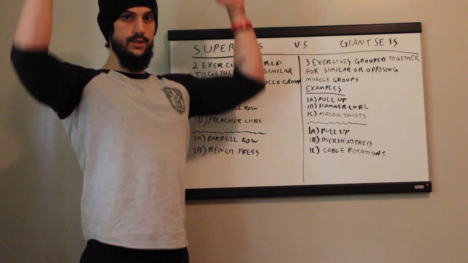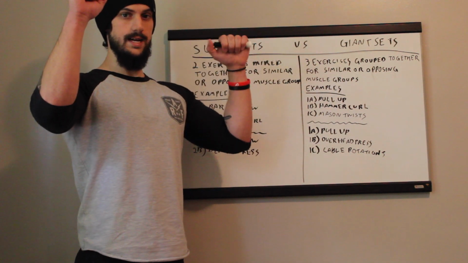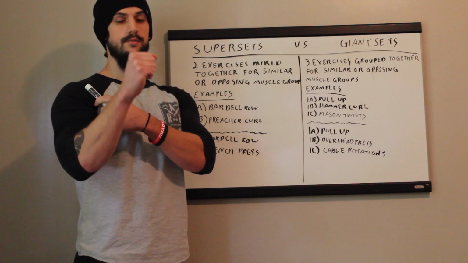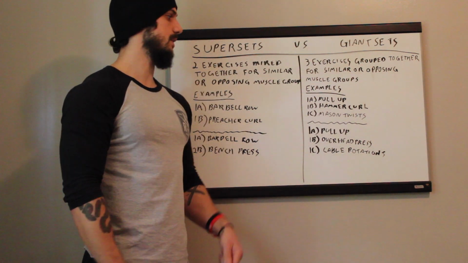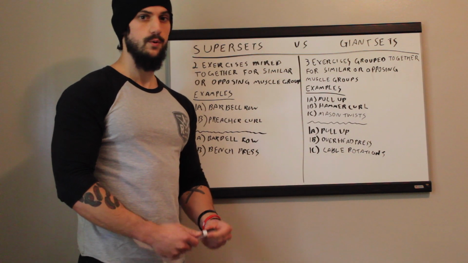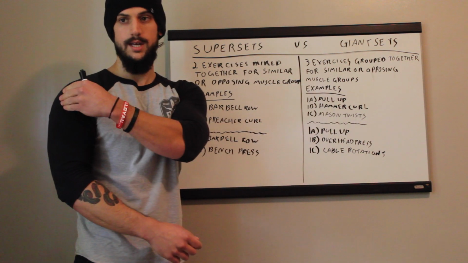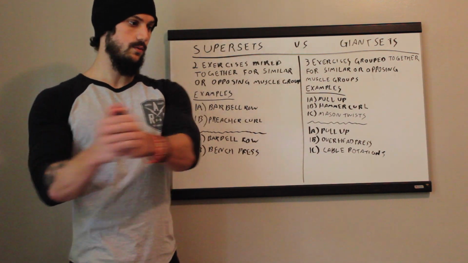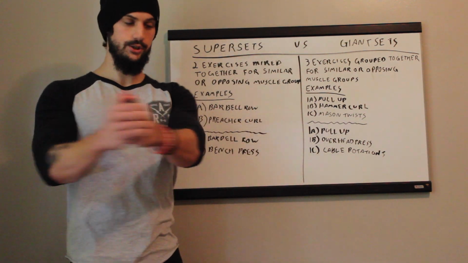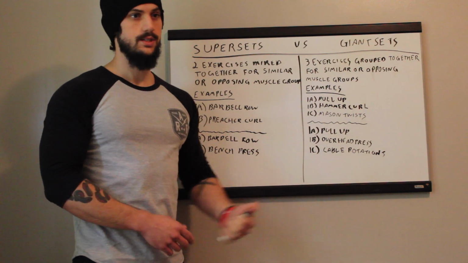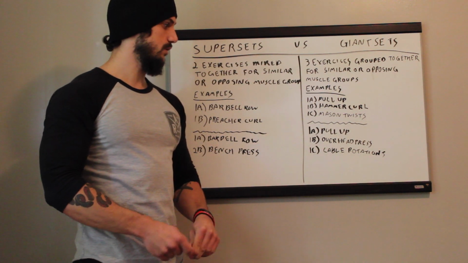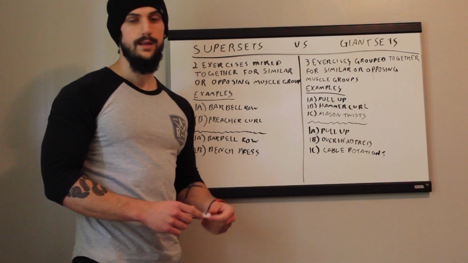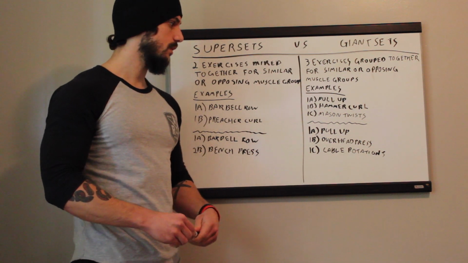So, first you start off hitting your lats down here, then you hit the front of your shoulders and your triceps, and then the cable rotations, you just set a cable at about shoulder height, grab onto the handle, and do rotations. Bang out 10 each side, rest for a little bit, start back at the top, run the whole thing 3 or 4 times.